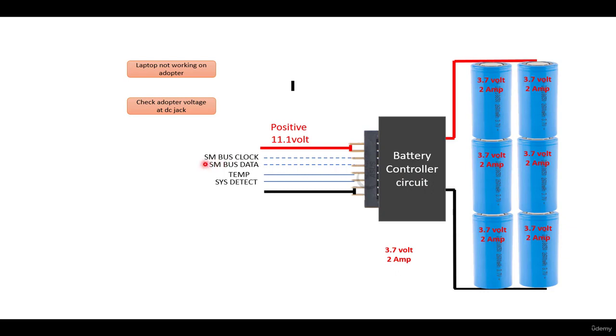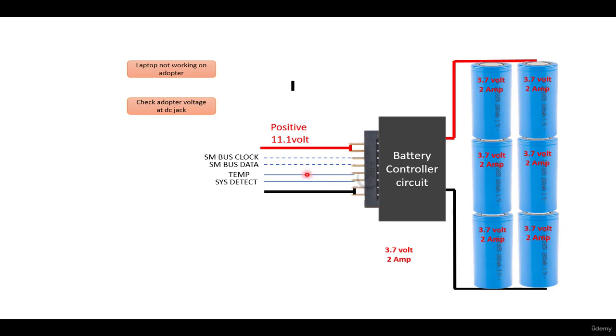So the SIO communicates with the battery via this bus. The SM bus has two wires, one called the clock and another called the data, and the communication is two-way: the SIO sends data as well as the battery sends data. So these are the two wires.